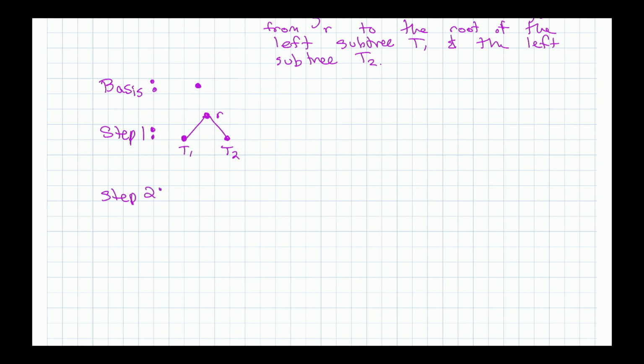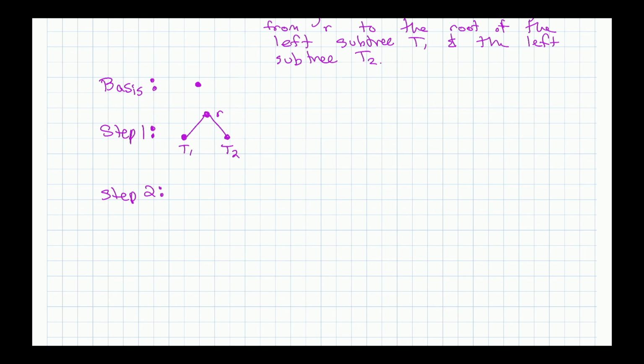What do the step 2 full binary trees look like? Well, again, you can pick a left and a right subtree, the T1 and T2. You could have a single dot for your left, and you wouldn't do a single dot for your right, because if you did, you would just get the same tree that you already had. So that's why I'm not drawing that. You could have this for your T2, or you could put that one on the left and a single dot on the right.